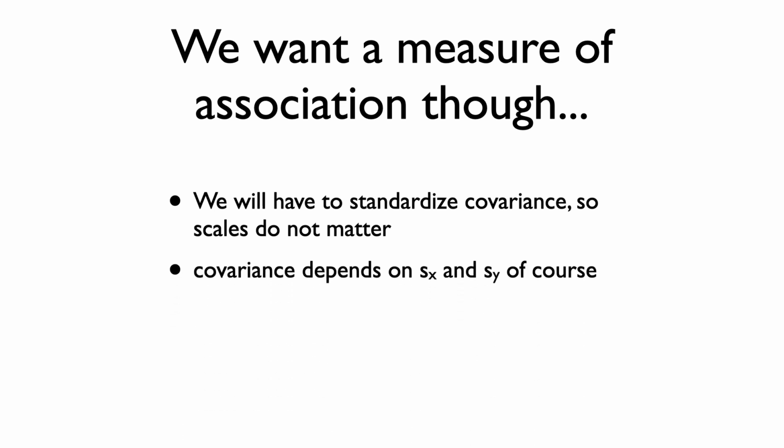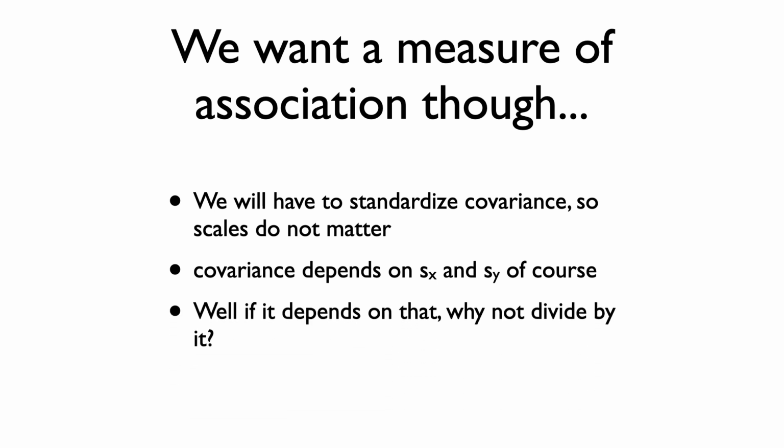So covariance is going to depend on the standard deviation of x and the standard deviation of y. It should depend on both. So we don't want the final amount we get to depend on that. We want it to be independent of that.